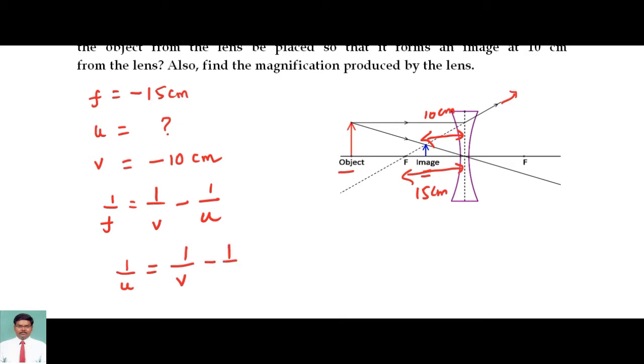So 1 by u will be equal to 1 by v minus 1 by f. Now I am going to substitute the values for v and f. Substituting v, that will be minus 1 by 10, minus 1 by the focal length, which is minus 15. So the equation turned out to be minus 1 by 10 plus 1 by 15.